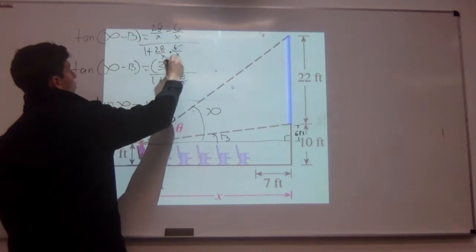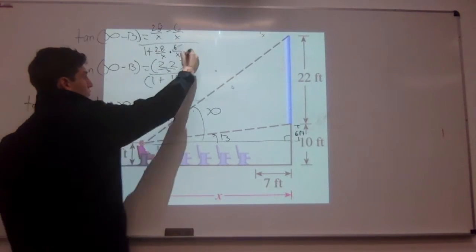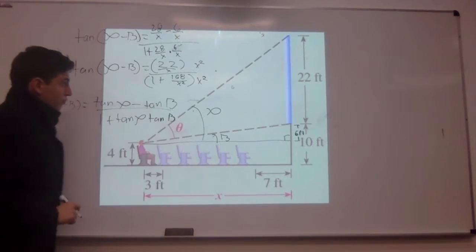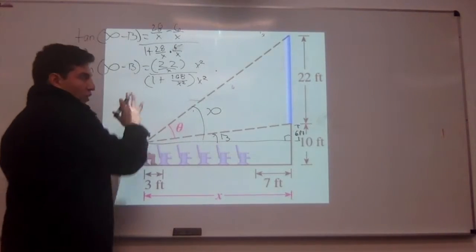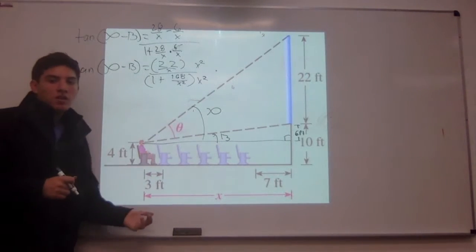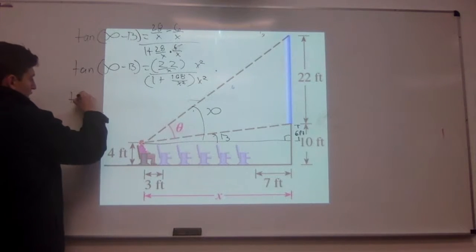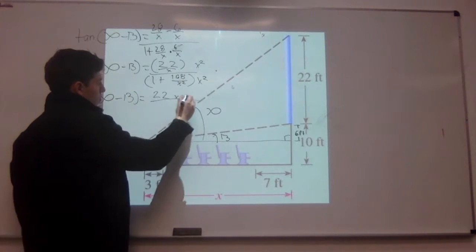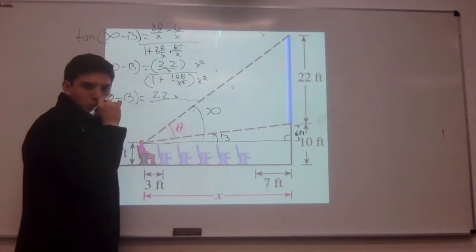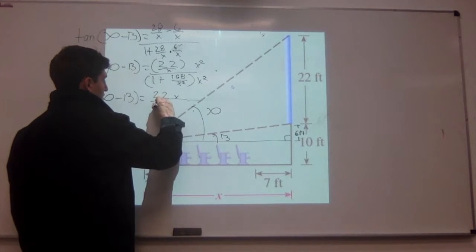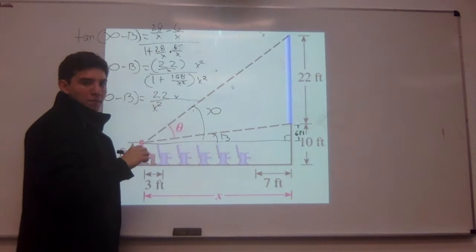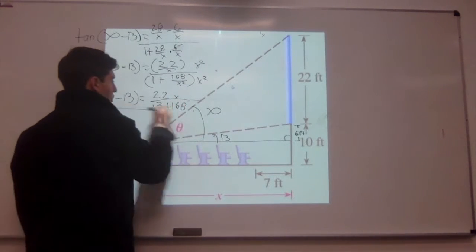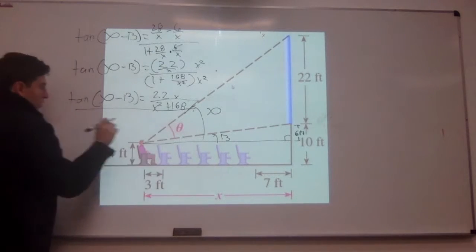So we can multiply all by x squared to cancel this. With these new values, we can see tangent of alpha minus beta is equal to 22x over x squared plus 168. With this formula, we can get the angle theta.